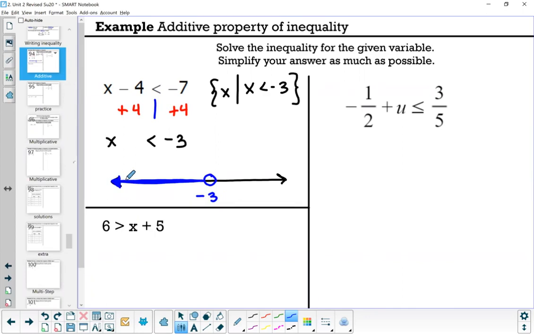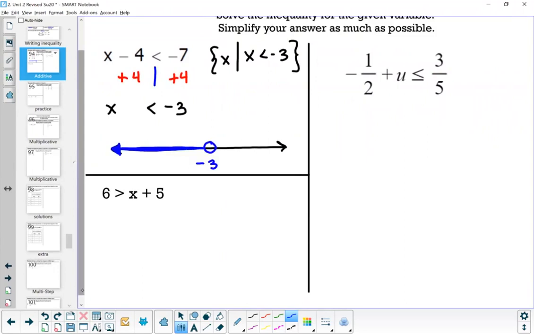This is fine. Let's take a look at the second one here. It says 6 is greater than x plus 5. One thing I don't like here is my variable's on the right side, but I'll worry about that at the end. I am going to do the inverse of +5 by doing -5 on the other side of the inequality symbol.